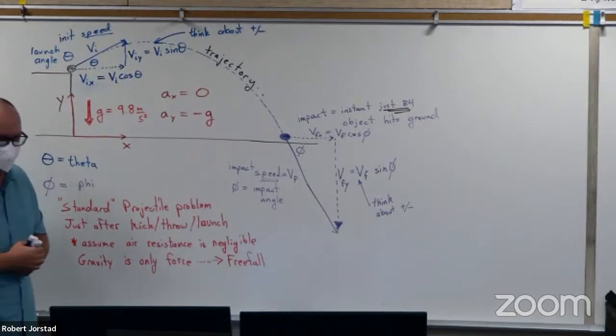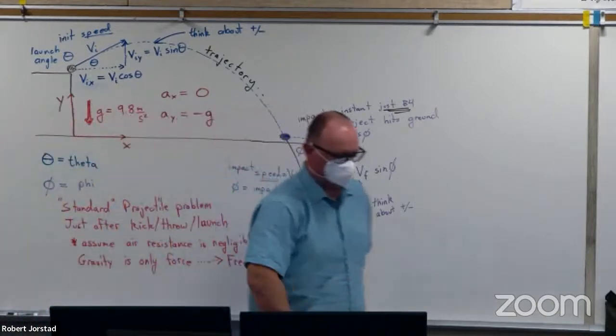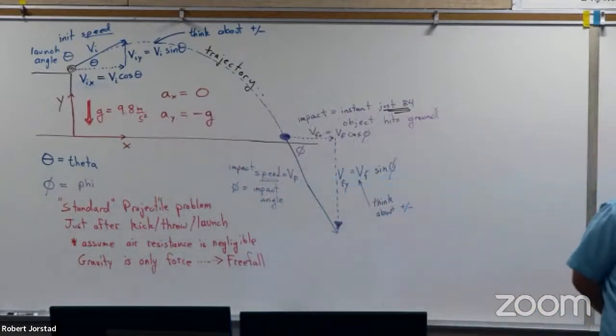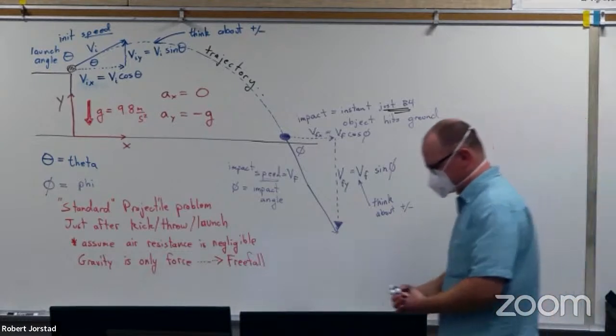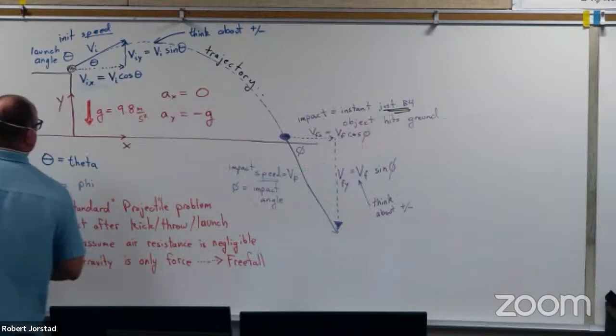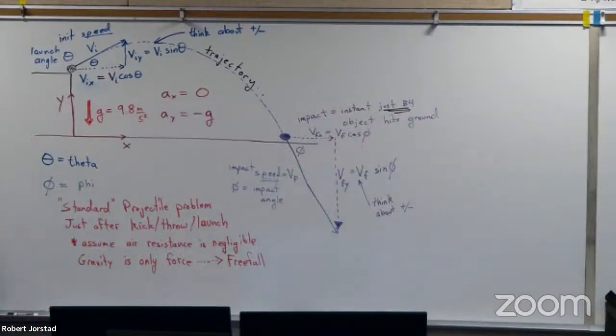So far, so good? I'm going to look at my notes and see what I wanted to say next. Oh, here's something. When you throw a marker like this, take a look. Ready? Watch the marker carefully. In particular, watch it at max height.